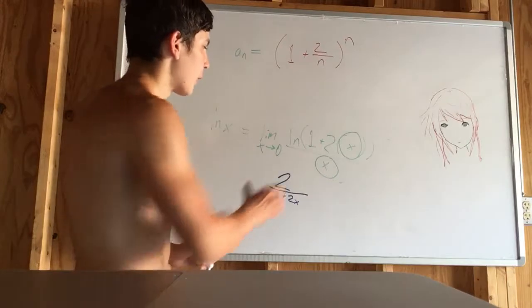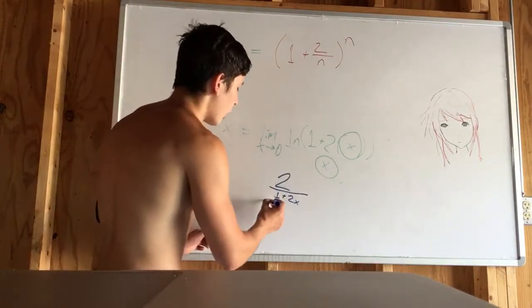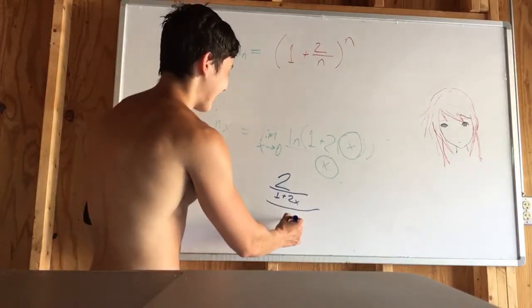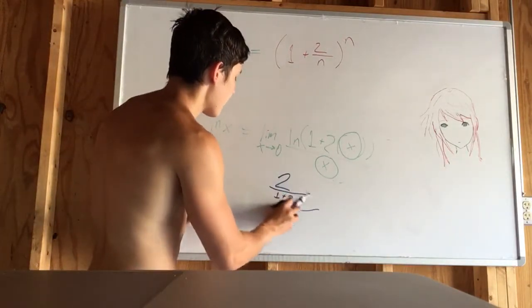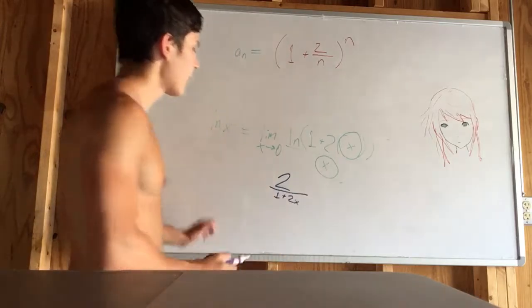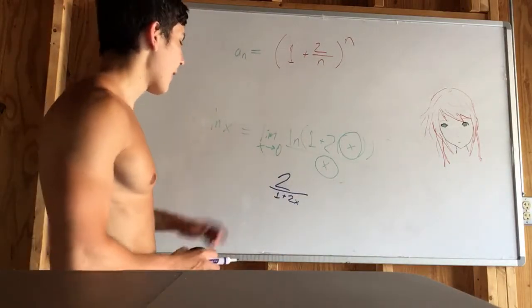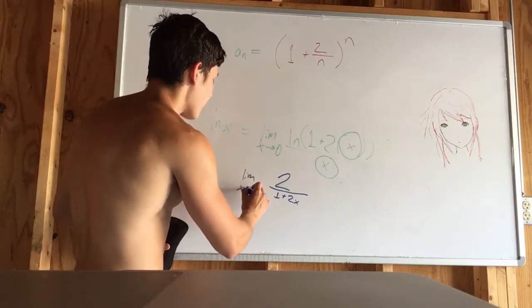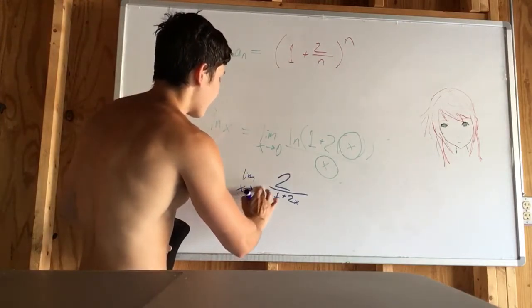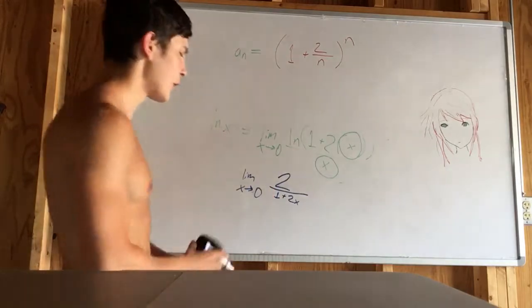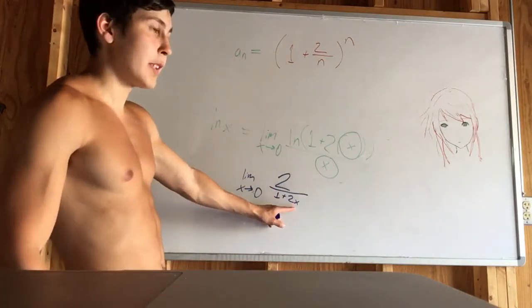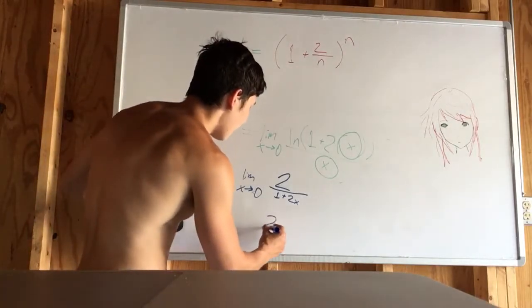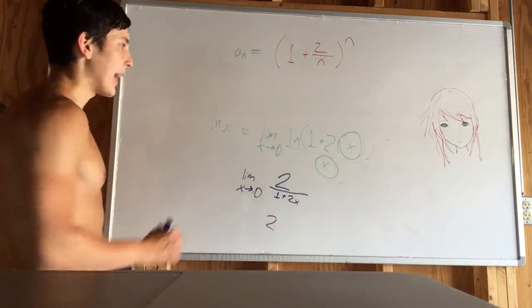So this is the derivative of the top portion over the derivative of the bottom portion, which is just 1. Anything divided by 1 is just itself. So this is what we have now. Now we can take the limit as x approaches 0 of this. It approaches 0, not infinity, because we switched the limits. We put in 0 here, we get 2. But remember, that's not our answer.